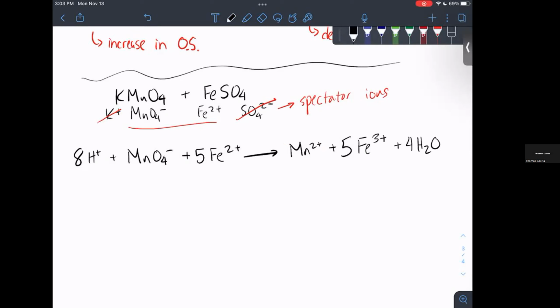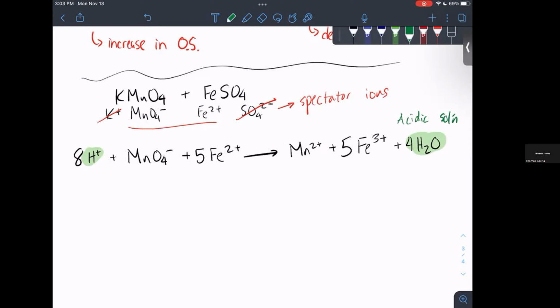Now, something to note, because we have our H plus and our H2O, this was in an acidic environment, or acidic solution.